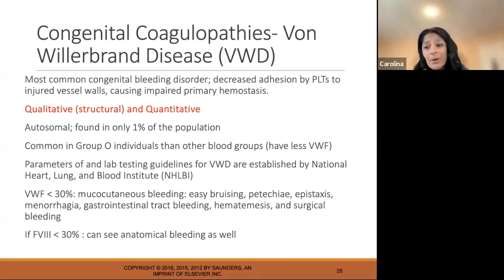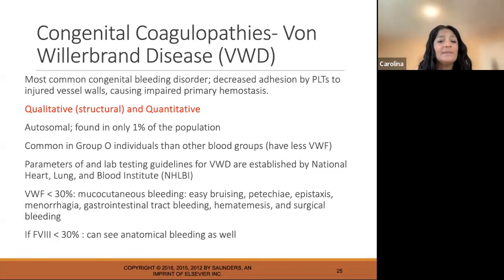But it's prevalent, and it could be dangerous because it's a bleeding condition. It's said to be more common in group O individuals than other blood groups, because group O people are said to have less von Willebrand factor.